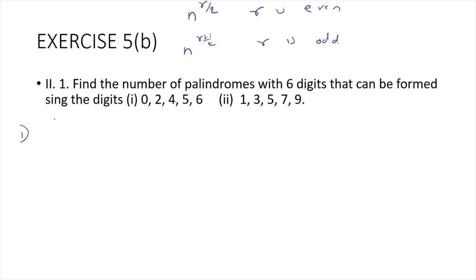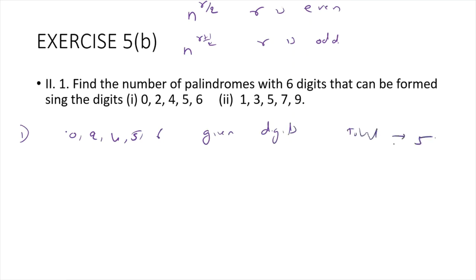The given digits are 0, 2, 4, 5 and 6. These are the given digits and they are 5 in number. So total 5.